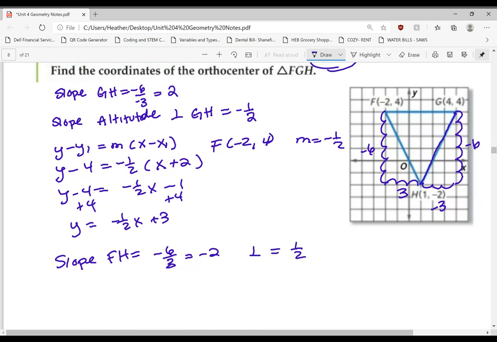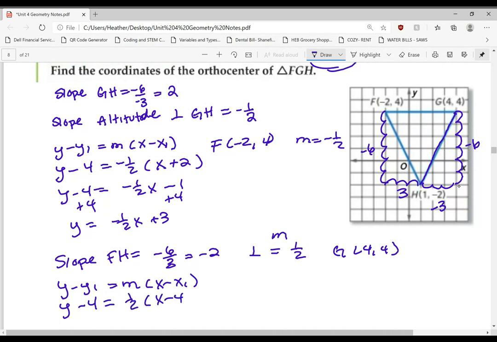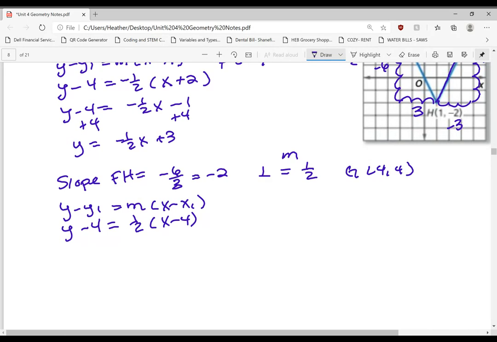Now we use the point G, which is 4, 4. So y minus 4 equals 1/2 times x minus 4. If I distribute that, I have y minus 4 is equal to 1/2 x minus 2. I add 4, and I have y is equal to 1/2 x plus 2.